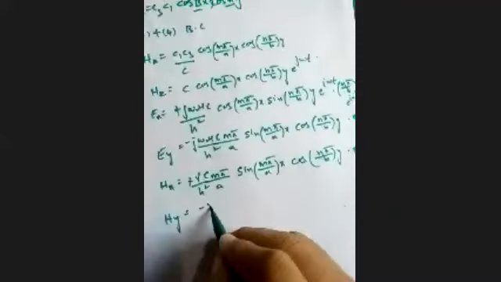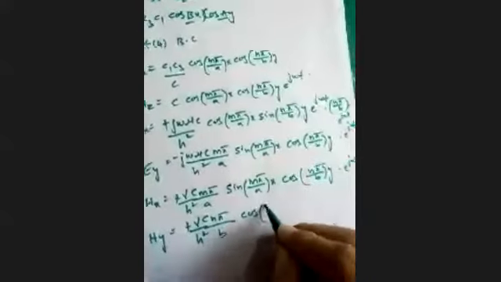Hy is again minus gamma by h square, differentiating with respect to y. So differentiating with respect to y, this will be changed into sine with a minus sign, so minus into minus is plus, and this is cos, so this will remain as such.